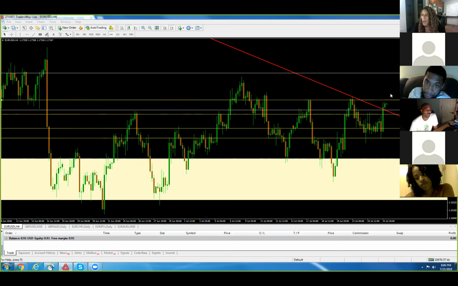Mm-hmm. We want it to come back and touch the yellow line. In other words, it'll come up, the candle would close above the yellow line. At that point, we could put in a buy limit at the yellow line, couldn't we? Yes. All right. If it came back down and hit our buy limit, Taisha, we would be in a buy up to where?